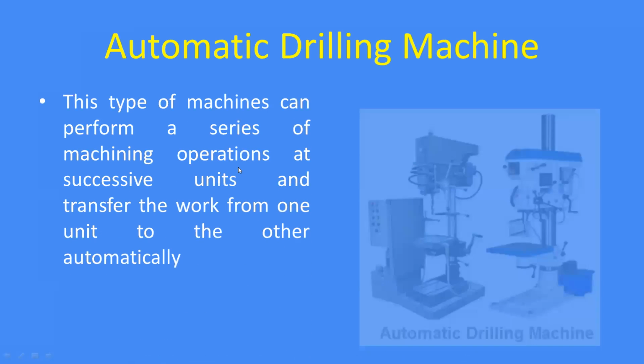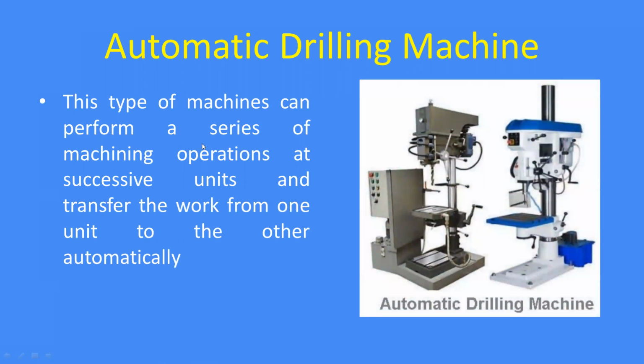Next one is the automatic drilling machine. As the name itself suggests, it is automatic, meaning the material to be removed is removed automatically. This type of machine can perform a series of machining operations at successive units and transfer the work from one unit to another automatically.